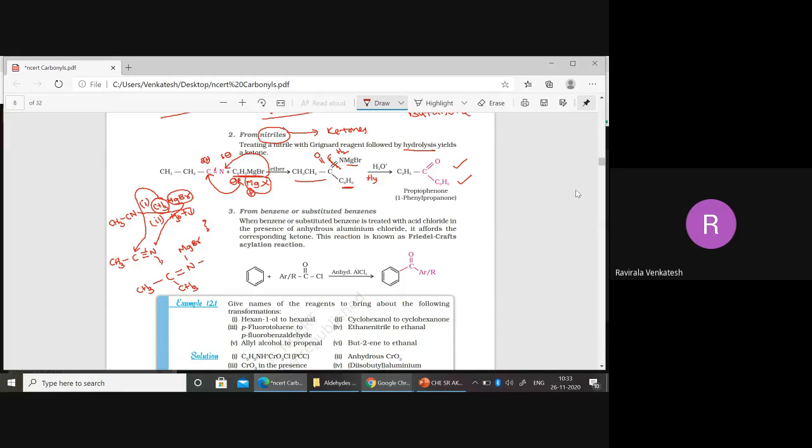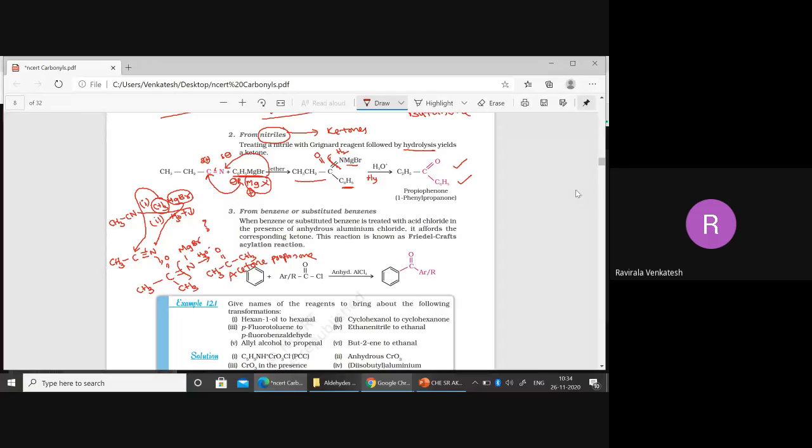Now, when you do the hydrolysis reaction with H3O plus, break the double bond and put the double bond O here. Now we get CH3, C double bond O, CH3. This is called a ketone, acetone or propanone.